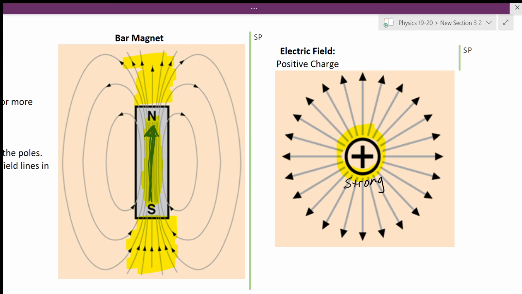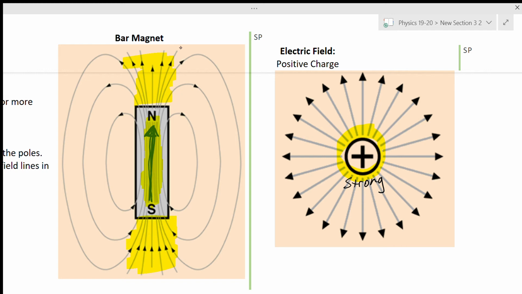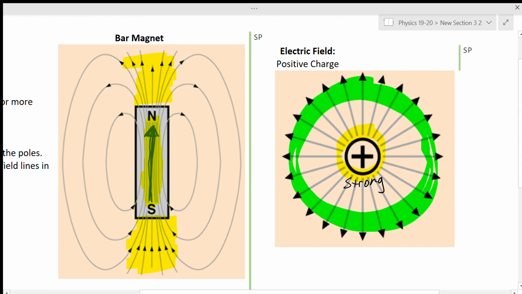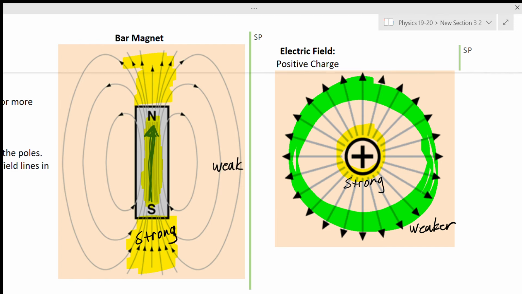As we get further away from the charge, the field lines are less dense, in regions like this in green, where the field lines are further apart. You can see that the field and any forces from that field are getting weaker. On our bar magnet diagram, the field is strong in locations near the South Pole, and it's going to be weak out here where the field lines are further apart. That's how we interpret diagrams like this.